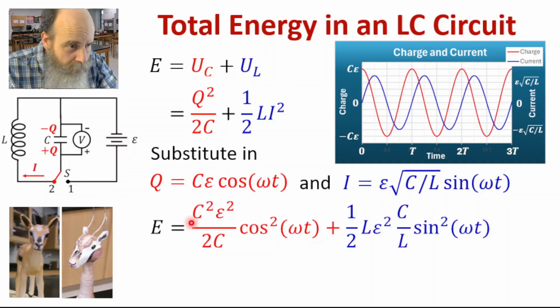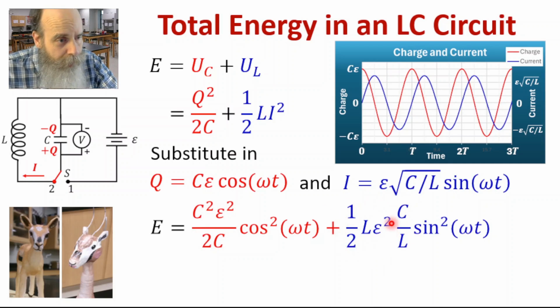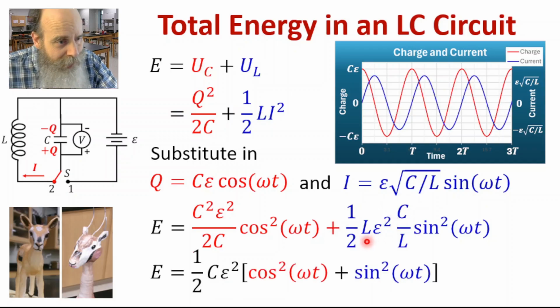Notice, in front of these terms, this is 1/2 CE squared, and this is also 1/2 CE squared. So we have a common factor of 1/2 CE squared. Let's take that out, and multiply it by cos squared omega t plus sine squared omega t. I hope you remember that cos squared omega t plus sine squared omega t is equal to 1.